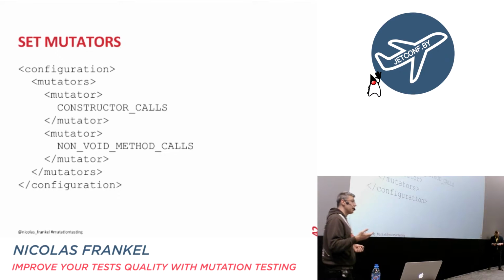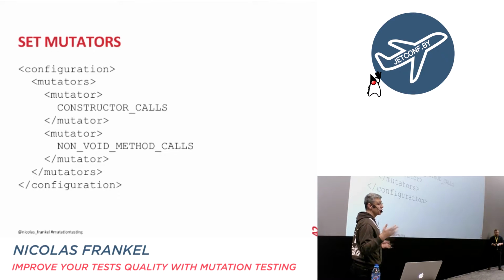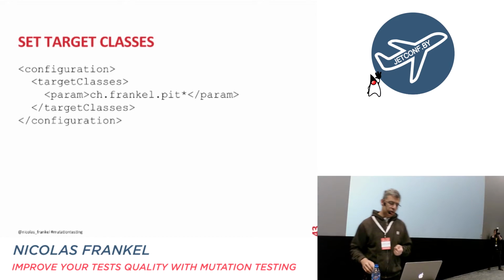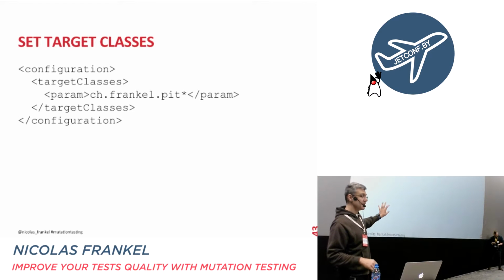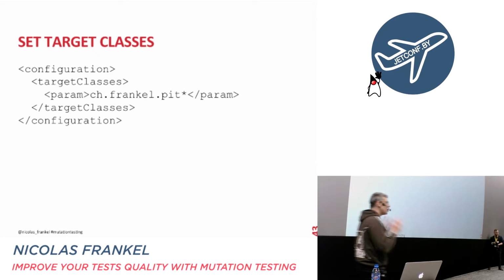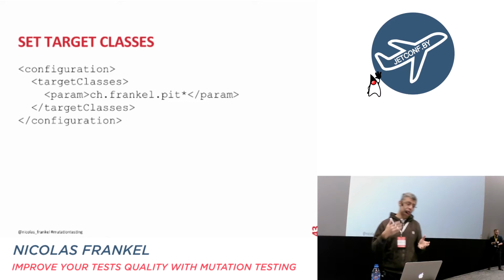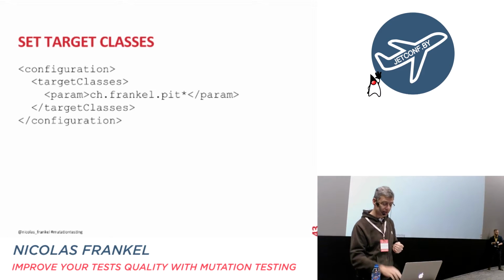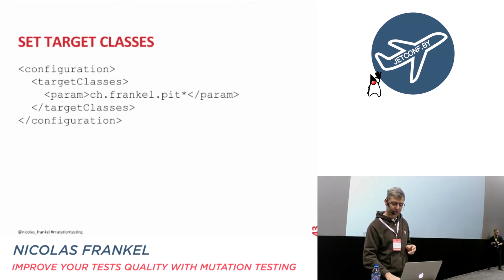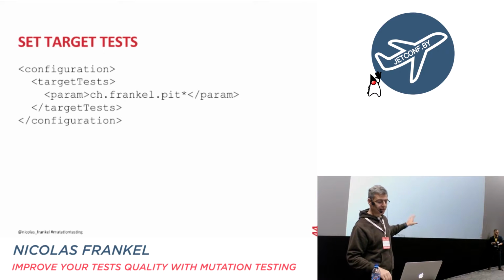This is not so great because, of course, in that case, you will also uncover fewer probable bugs. You can also set the target classes, the classes that you are very afraid will break. And that is good because you will probably need to focus on something that is hard to check first. Also, you can set the target tests.